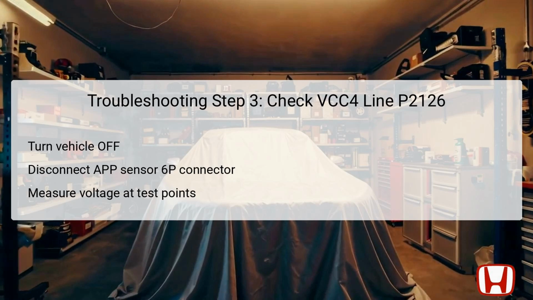Measure the voltage between terminal points 1 and 2 on the connector. You should be looking for an approximate voltage of 5.0 volts, which is indicative of proper electrical functionality. If the voltage falls below this threshold, it suggests a potential problem in the circuit that must be addressed.